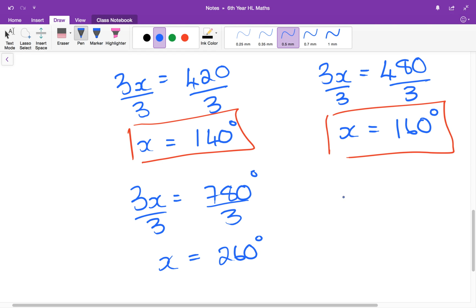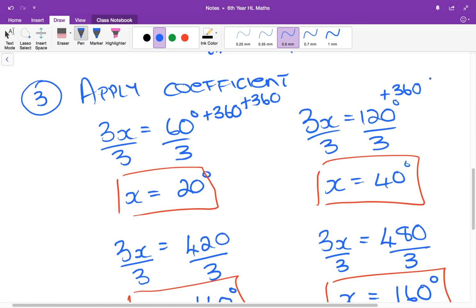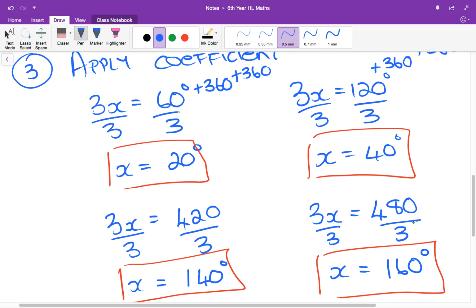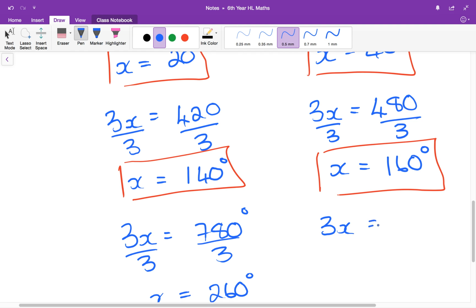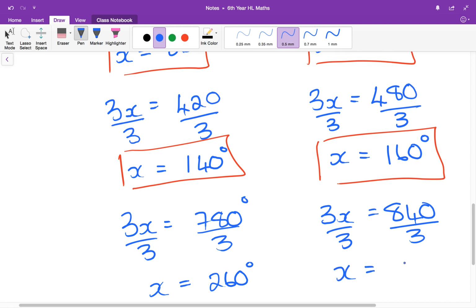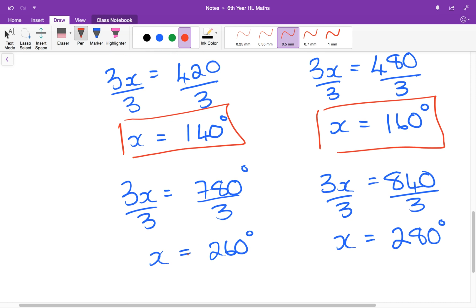It's still between 0 and 360. And then same thing over here. We add on another 360, so we now have 2 revolutions. That is 840, and then we divide by 3. So that's 280, which again still works.